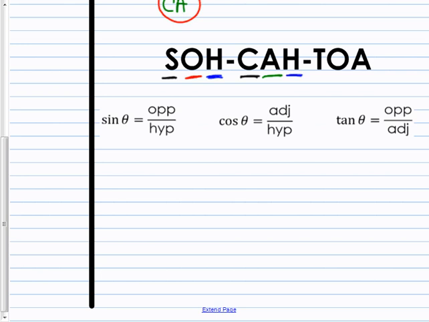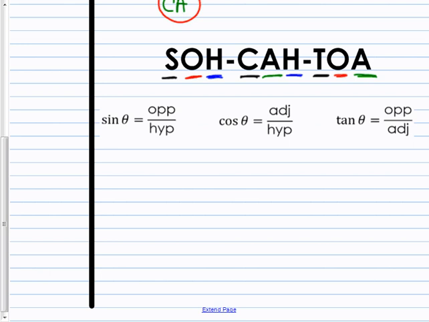And then T is for tangent, which is opposite over adjacent. Okay? So sine is opposite over hypotenuse, cosine is adjacent over hypotenuse, and tangent is opposite over adjacent.